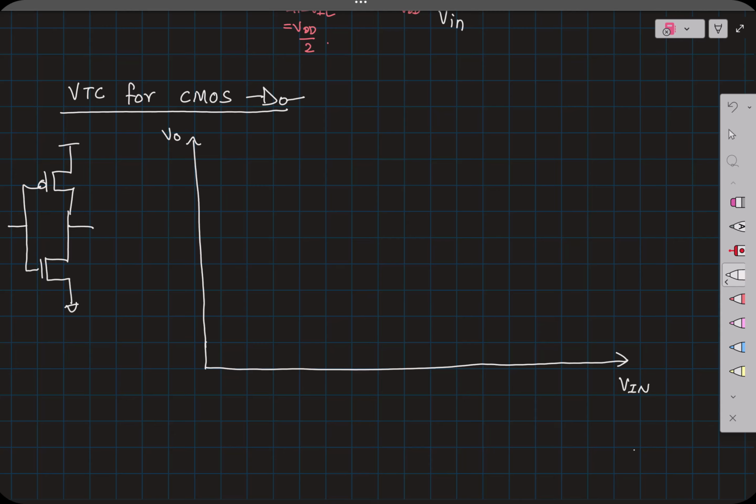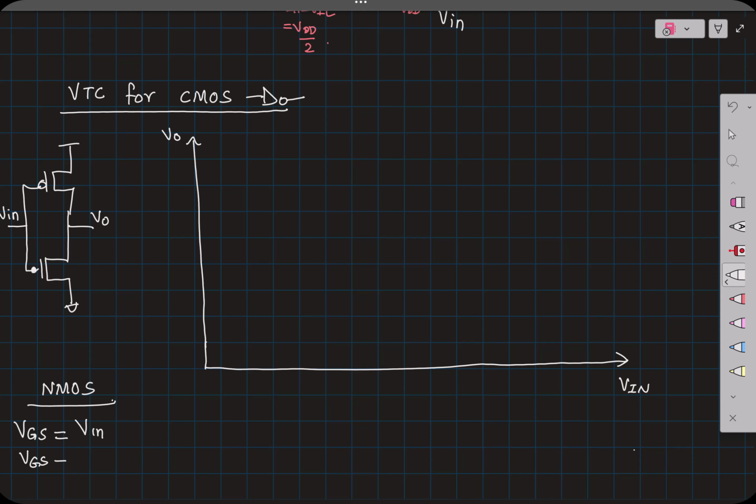Right? For the NMOS transistor, let's say this is your Vin, this is V0. For the NMOS transistor, what is VGS? So gate voltage is connected to Vin, source voltage is connected to ground. So VGS is the same as Vin.